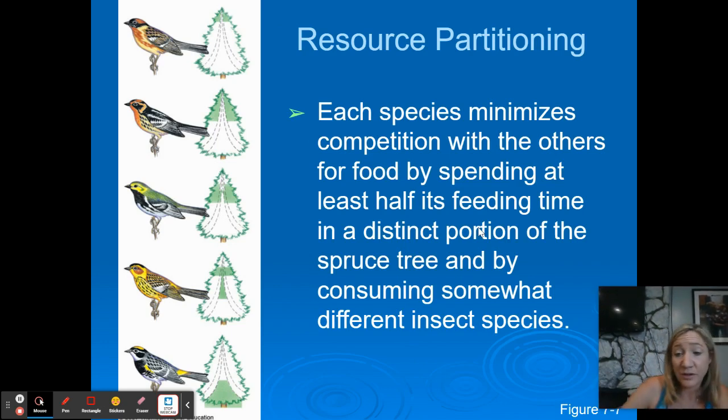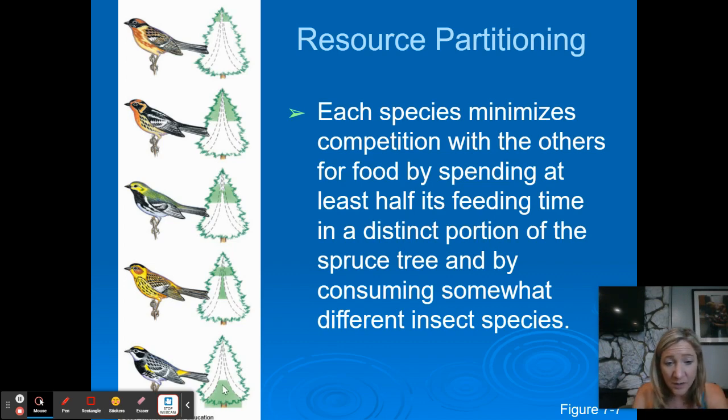I talked about this in a previous presentation, but resource partitioning is a super great way to not have to compete. It minimizes species competition for food by adjusting where they're going to eat. This particular species of bird lives off of the same type of tree. So rather than fighting with each other and losing energy, they've all adapted to only getting food from a certain part of the tree.